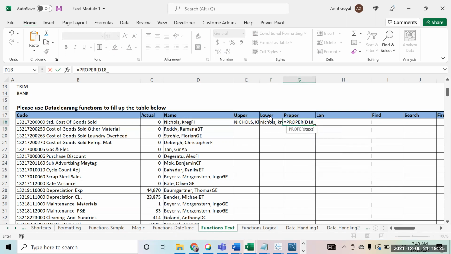The data is already in proper case anyhow. Then you have the length function, which gives the length of the data, that is, the number of characters. For Nicholas Craig feed, it tells you there are 15 characters. It counts the space and comma as well.